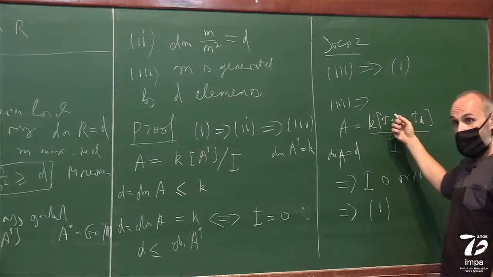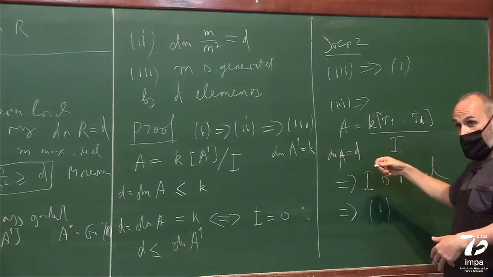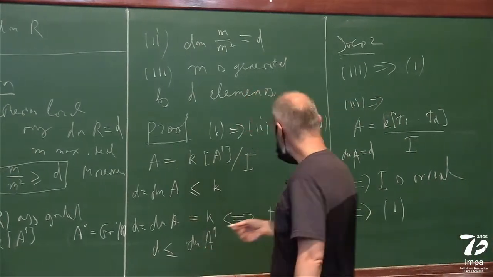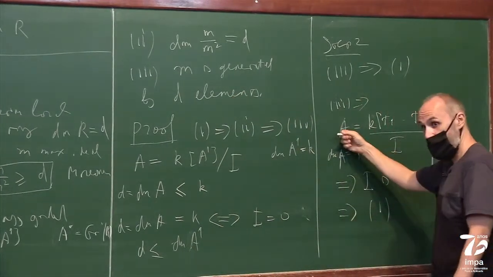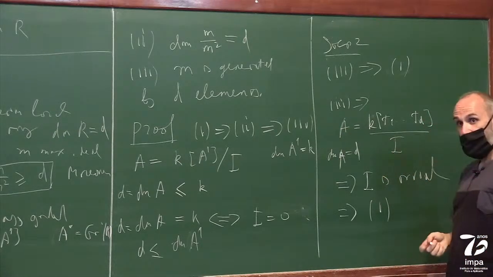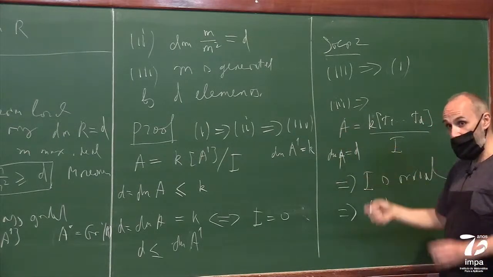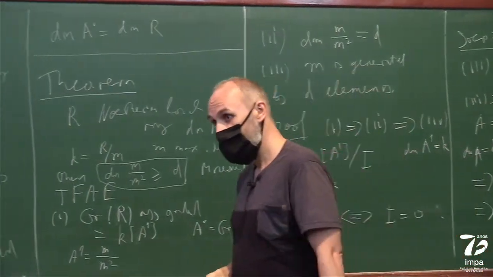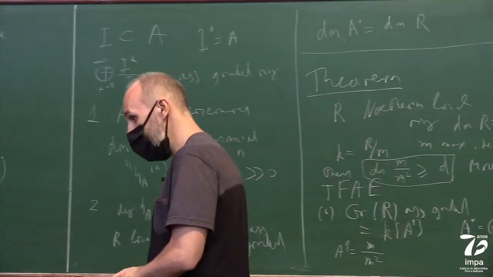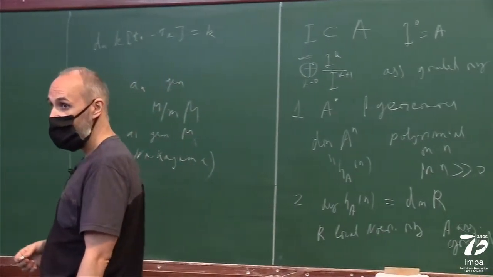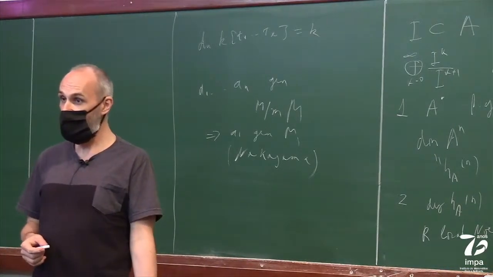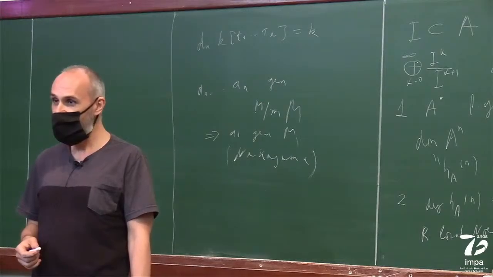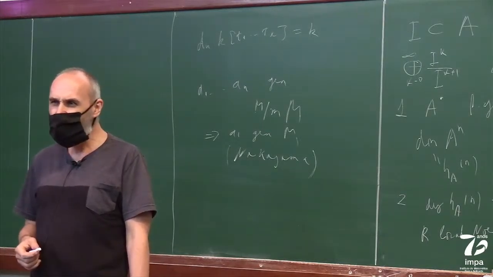The dimension of the polynomial ring is D, and if I is non-trivial, it's smaller. But the dimension of R is equal to the dimension of A. So the dimension of this ring is D, then I is trivial. And this means that A is a polynomial ring, and this is what we need. Yeah, there are no relations. It's a free ring. Any more questions? Can I repeat anything? Is it entirely clear?